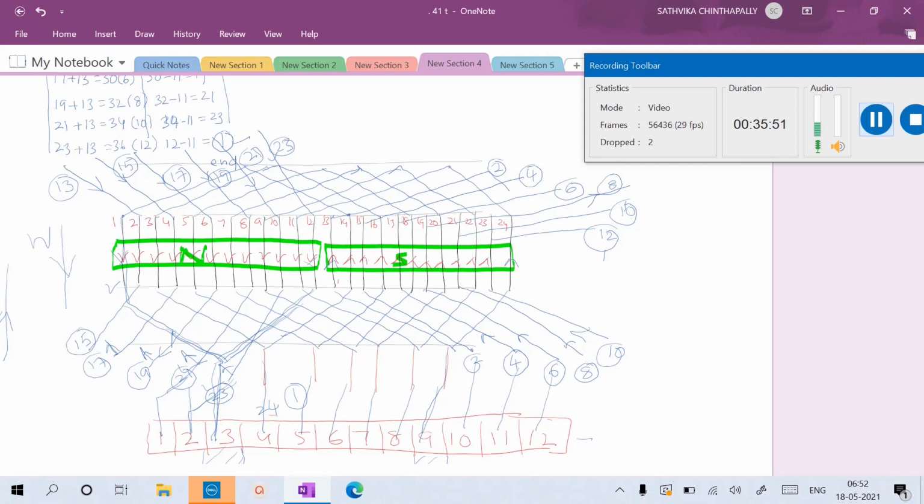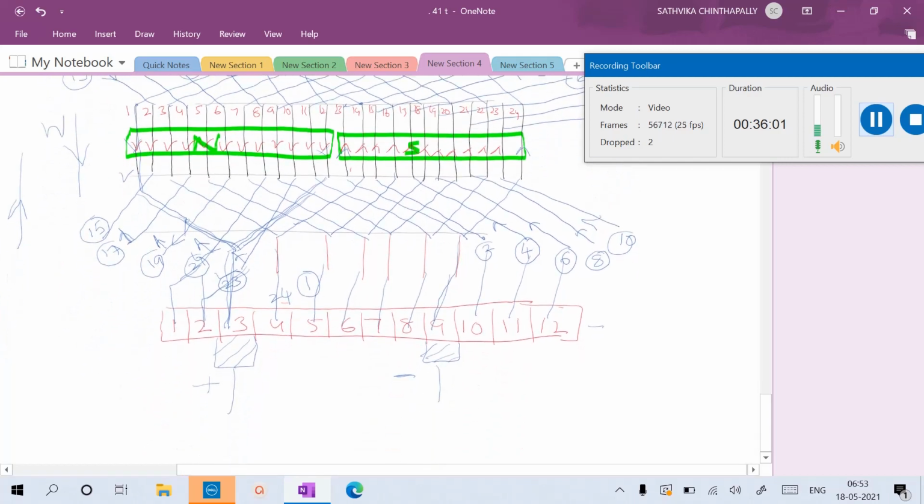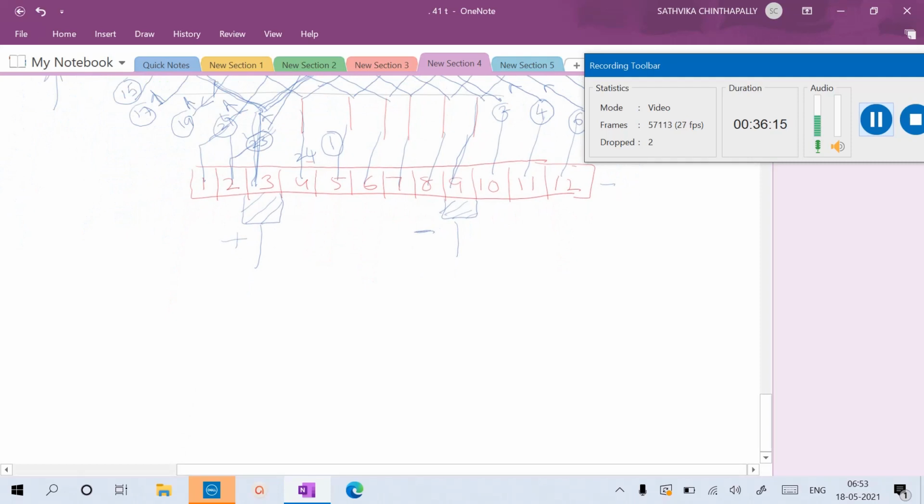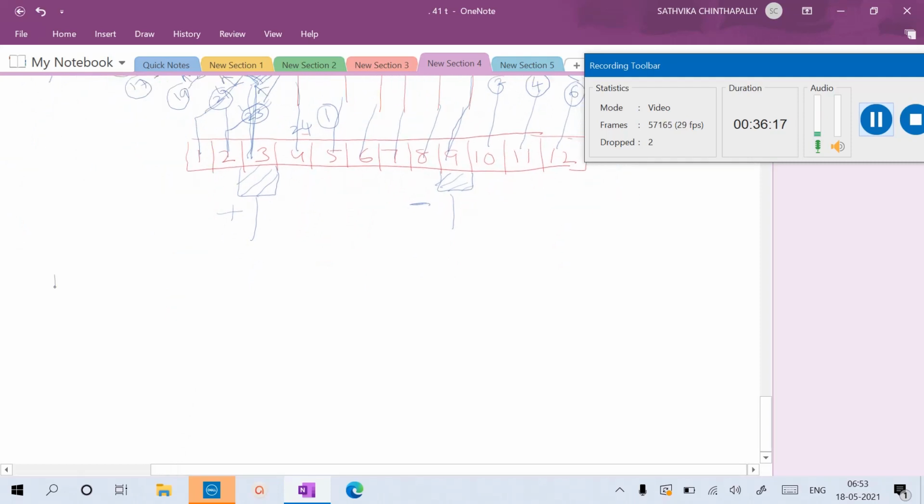Then connect these connections to the commutator segments, and to the commutator segments connect the brushes also. Where the current directions in a coil are the same, indicate that as a brush position. So this is the winding diagram. Now finally what is required is the ring diagram.